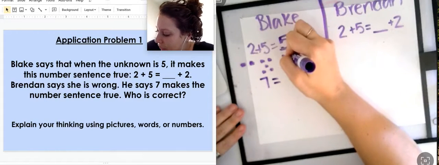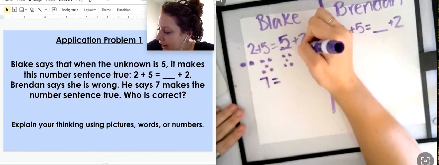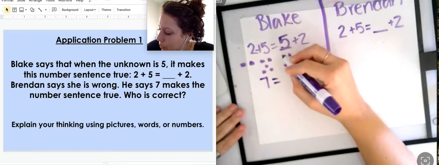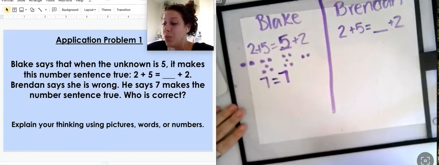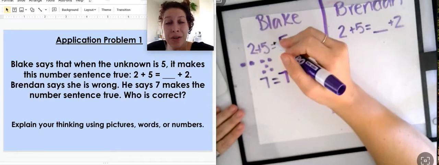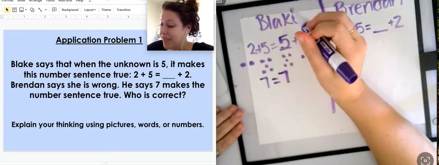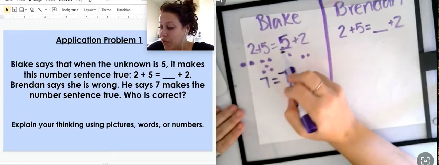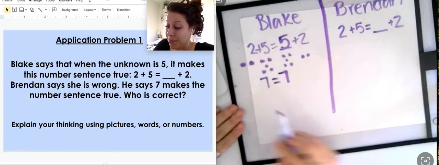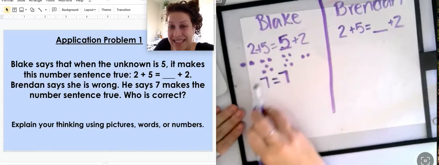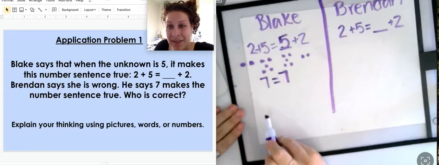And on this side I have 5, and I have 2. So that's 1, 2, 3, 4, 5, 6, 7. So that's 7 too. We've learned this as the commutative property. 2 plus 5 equals 5 plus 2. So I think Blake is correct because I know that 7 is the same as 7.